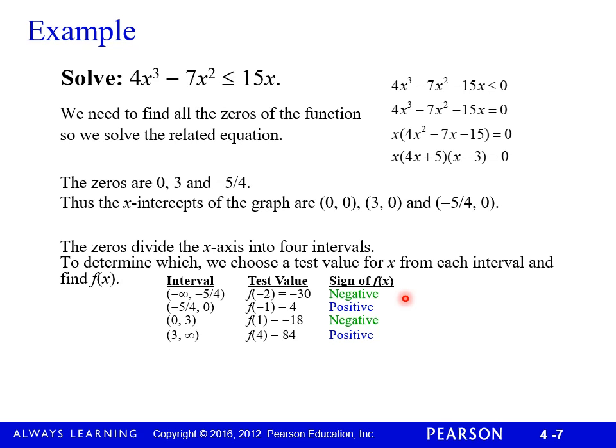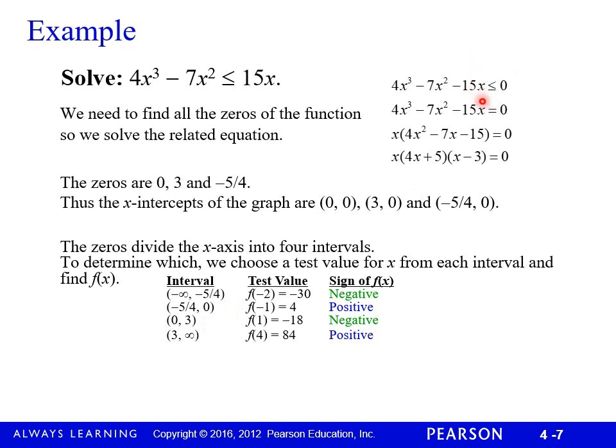So we can see that the function goes from negative to positive to negative to positive as we go through all these intervals. Well, remember that we're looking for where the function is less than or equal to 0. So we're looking for where it is negative. So there are 2 intervals here: between negative infinity and negative 5/4, and between 0 and 3.